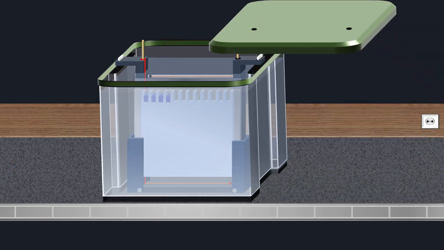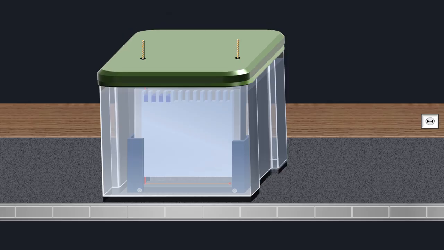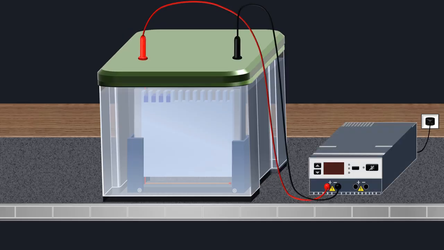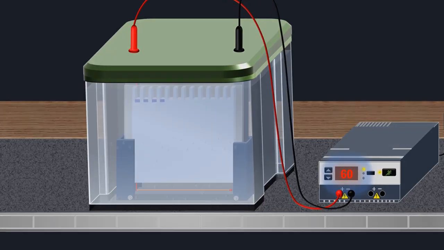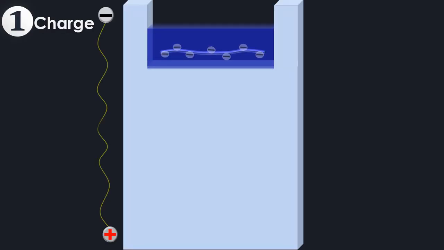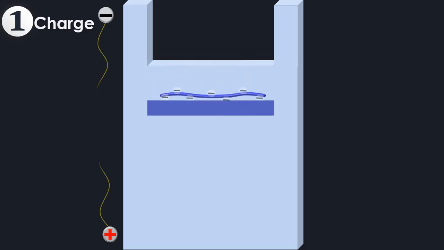After the sample application procedure, an electric field is applied across the gel, causing the negatively charged proteins to migrate across the gel, away from the negative electrode and towards the positive electrode.